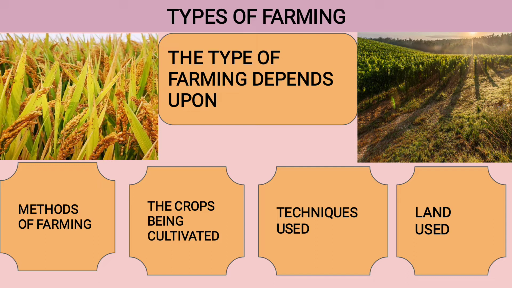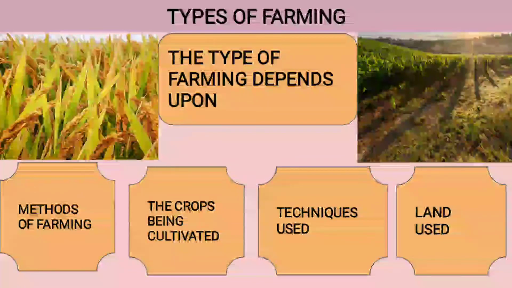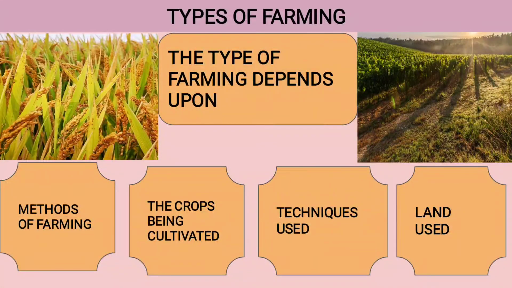The type of farming will depend upon methods of farming, the crops being cultivated, the techniques used, and the land used. That means if you want to do any type of farming, whether it is commercial farming or subsistence farming, you have to use some methods.